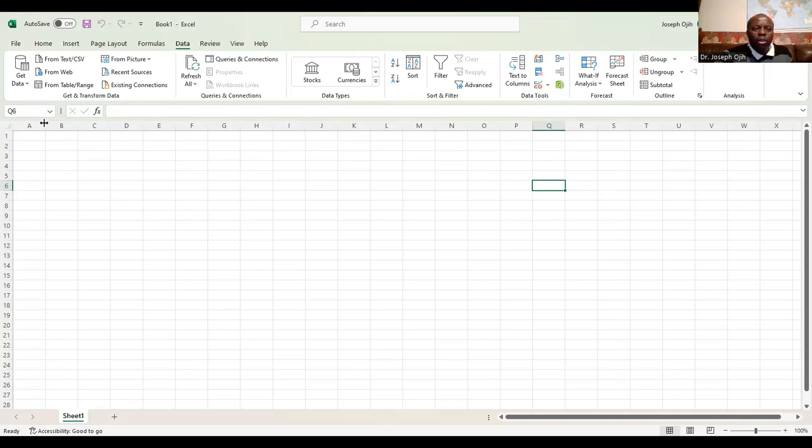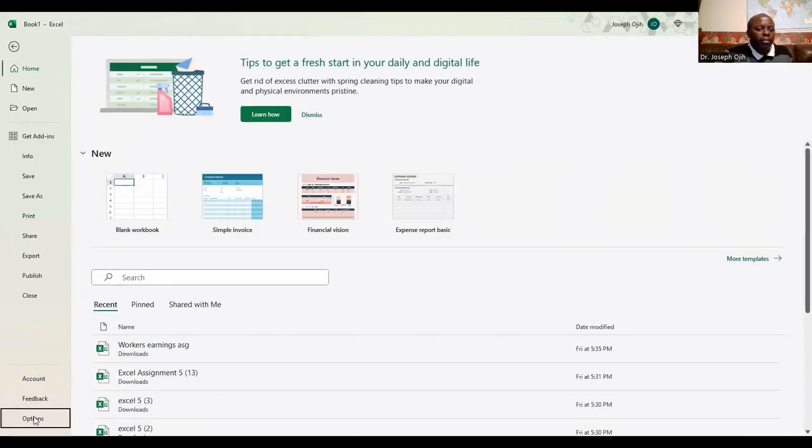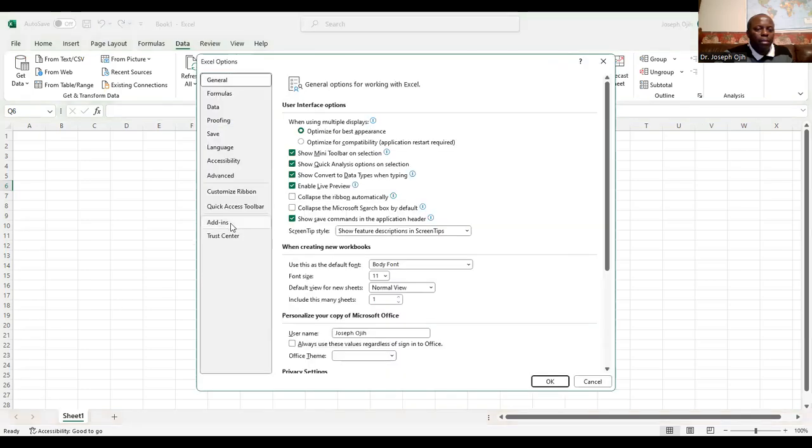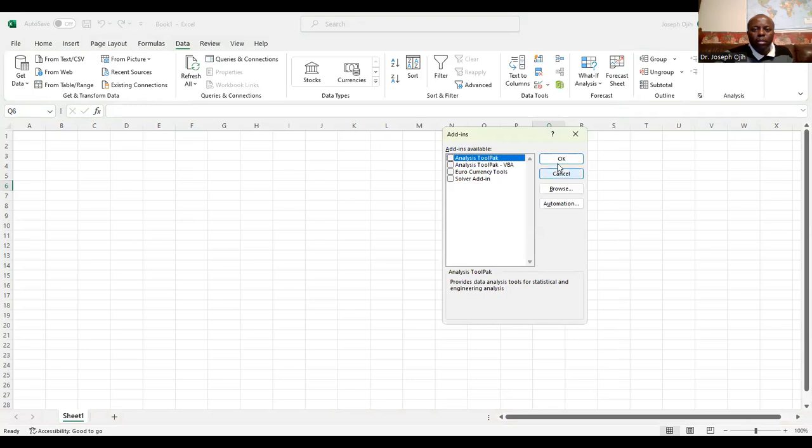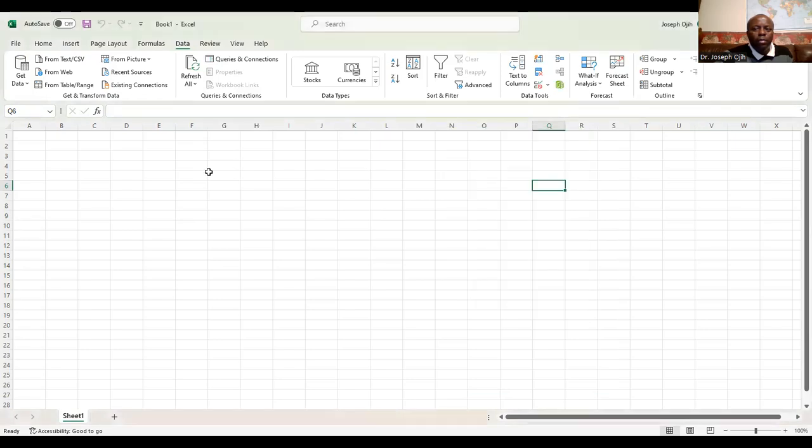I will remove it on my own and then show you how to put it back. Now when I click on Data, you can see that I don't have it here.